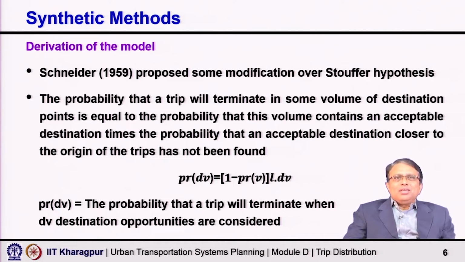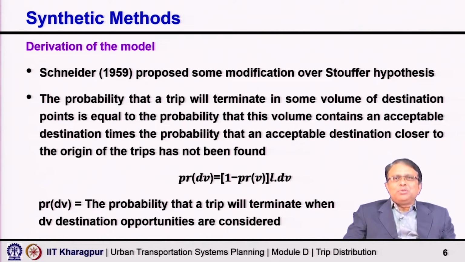So, that is the general formulation. Now, Schneider proposed some modification of the Stouffer hypothesis, and we are not going into details, it is not within the scope of the present lecture, but what was shown is that the probability that a trip will terminate in some volume of destination points is equal to the probability that this volume contains an acceptable destination.